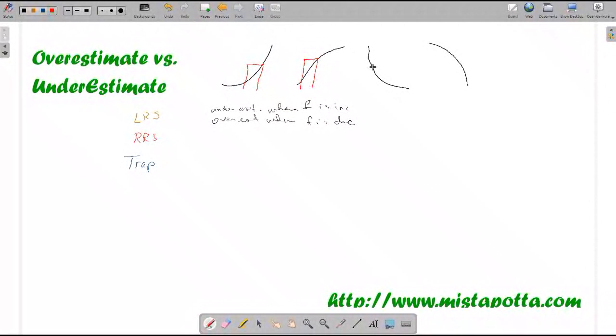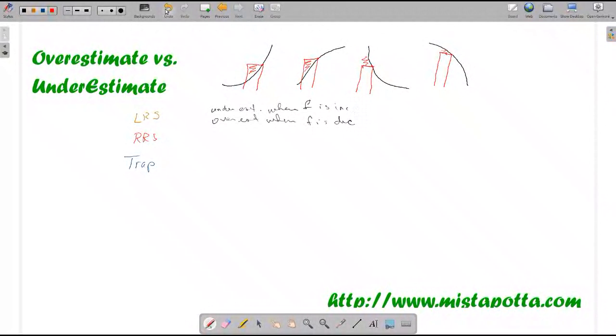And so as long as my right endpoint is determining my height, I can see some things happening here. I can see in this situation that, again, for an increasing function, I'm an overestimate, but for a decreasing function, I'm an underestimate.